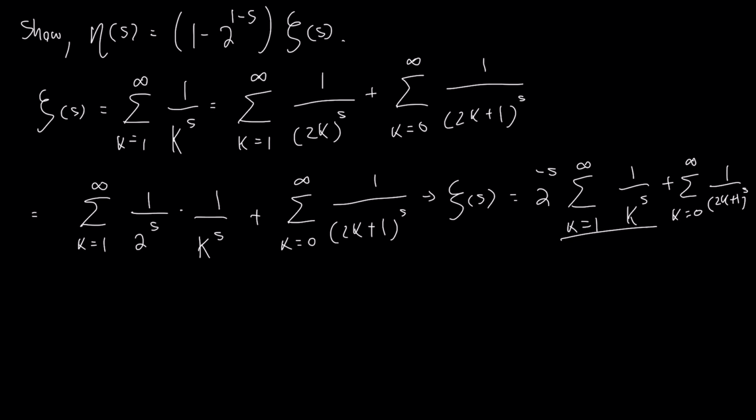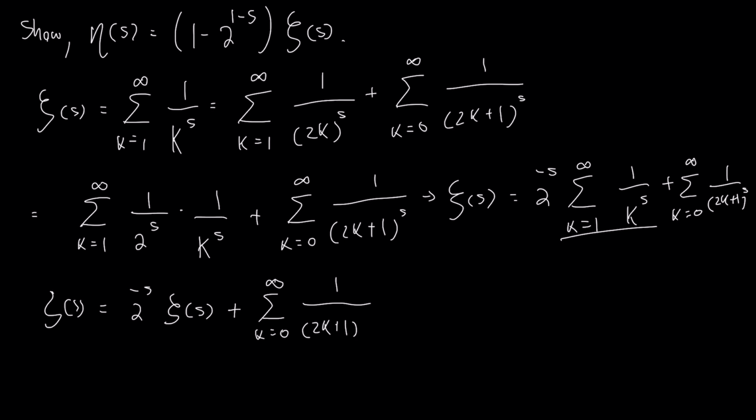But this is just the zeta function. So you have zeta of s is 2 to the negative s zeta s plus the sum from 0 to infinity, 1 over 2k plus 1 to the s power. And now we'll solve for this term.